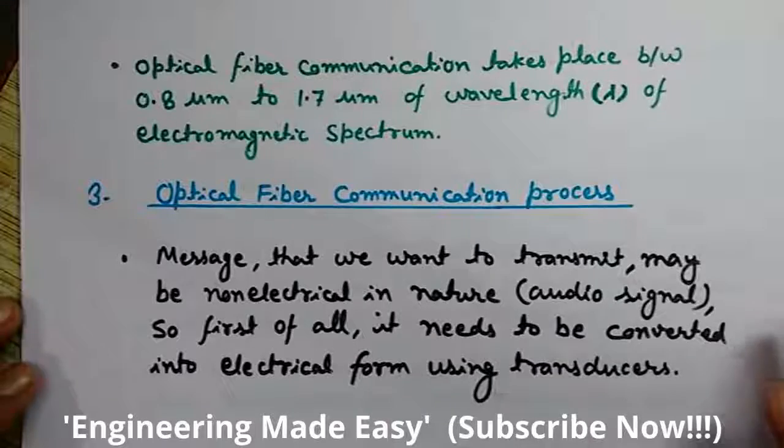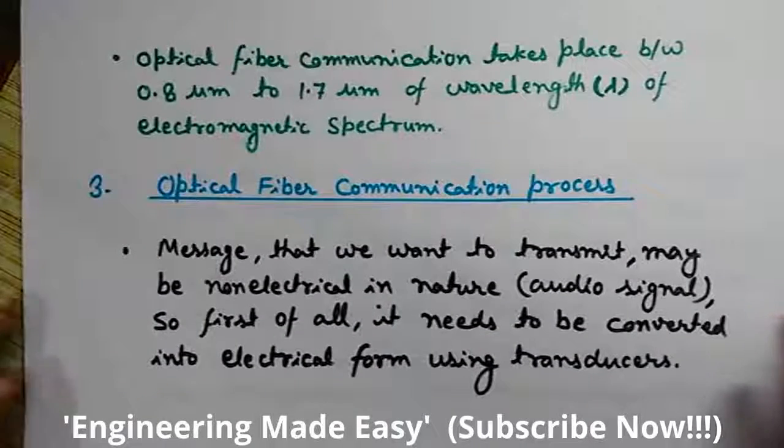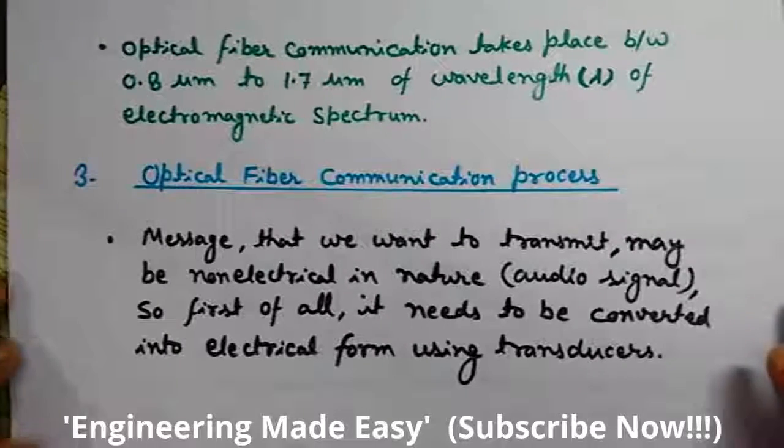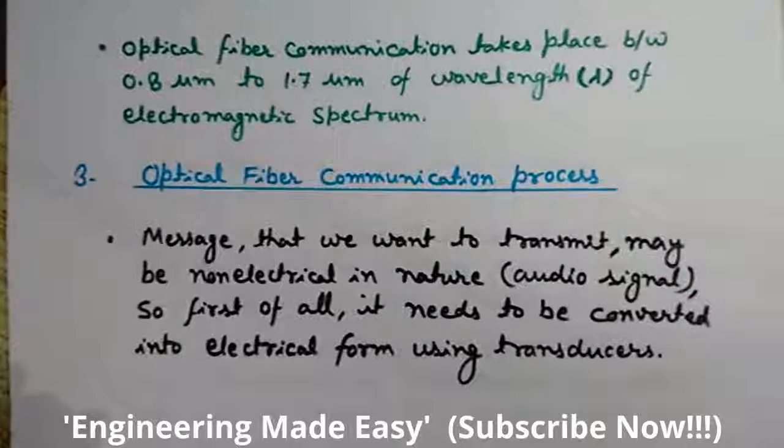Okay, so now we will discuss the optical fiber communication process, how the communication takes place with the help of optical fibers. How can we send the message from the transmitter to the receiving end with the help of optical fibers and a few more components.